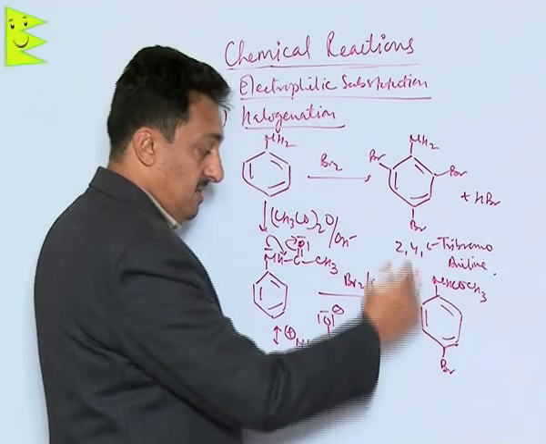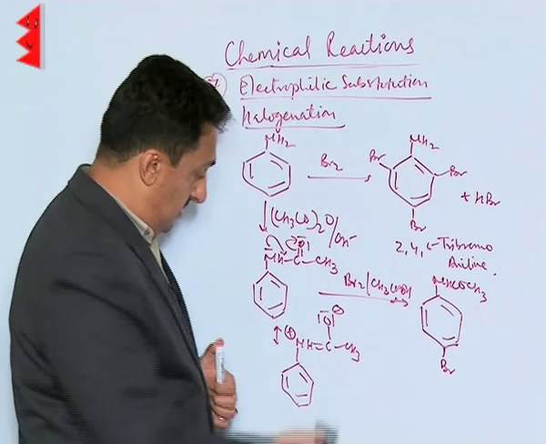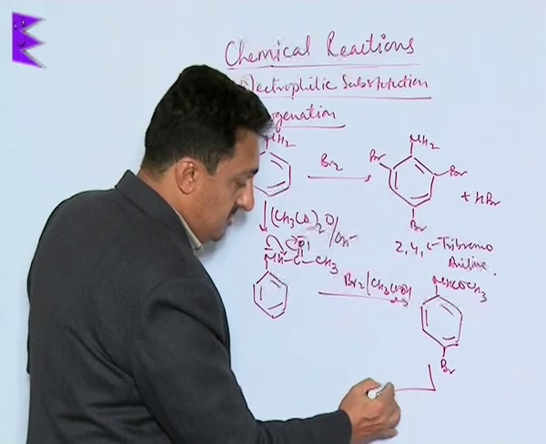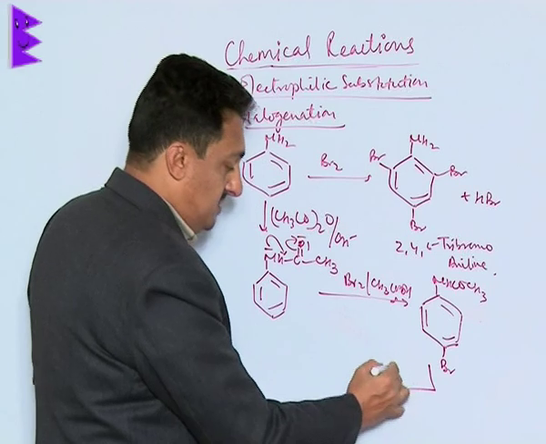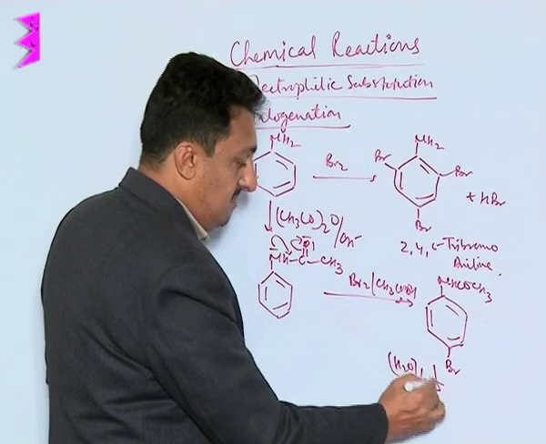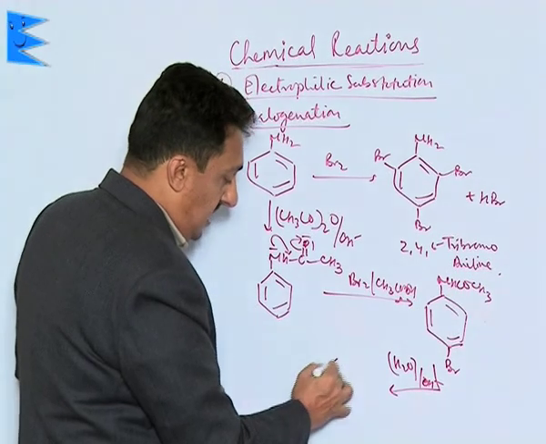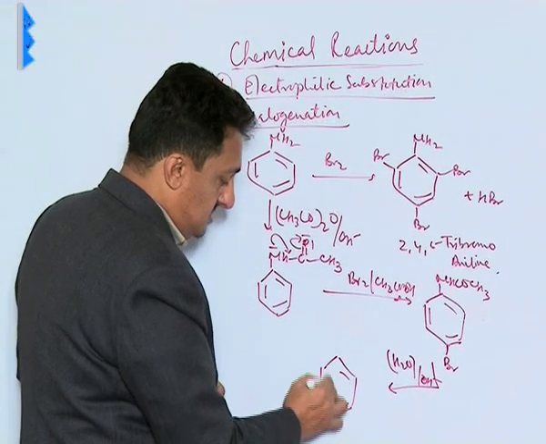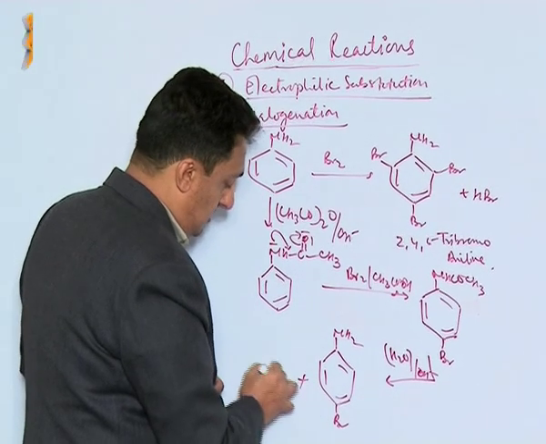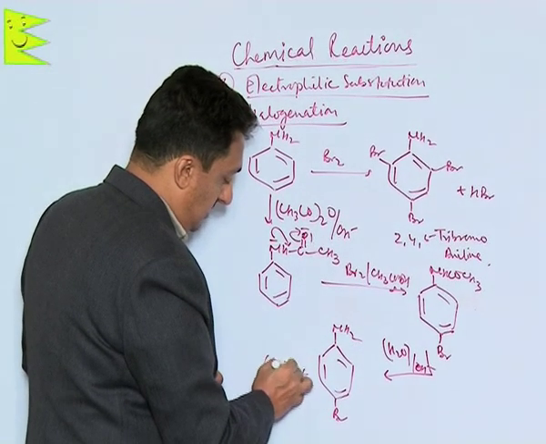We get the para product, and let me remove this resonating structure also, because I think that is clear to you. Now we get this product. Now let us do its hydrolysis in basic medium, because acid will come out, and this will give us NH2, Br plus acetic acid molecule.